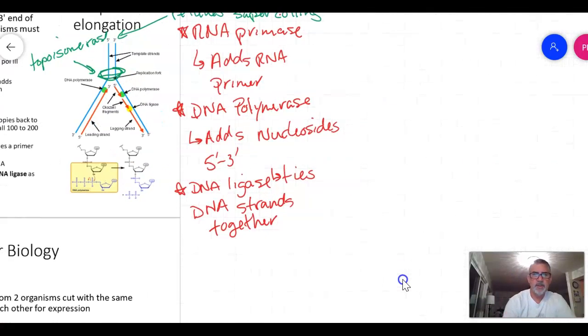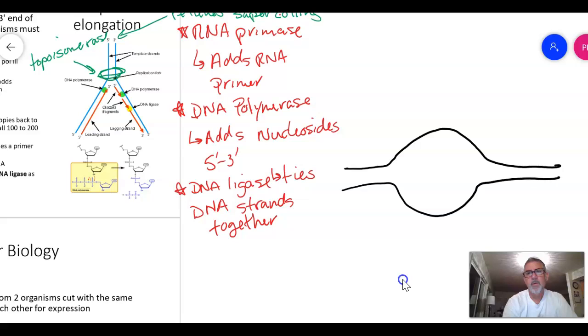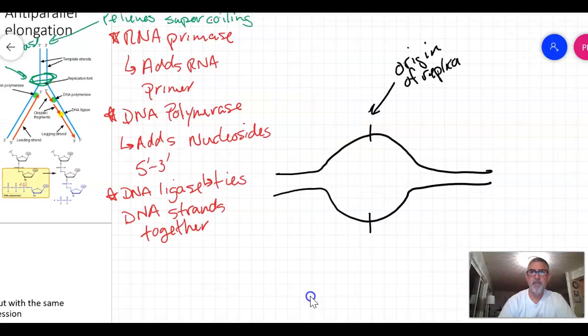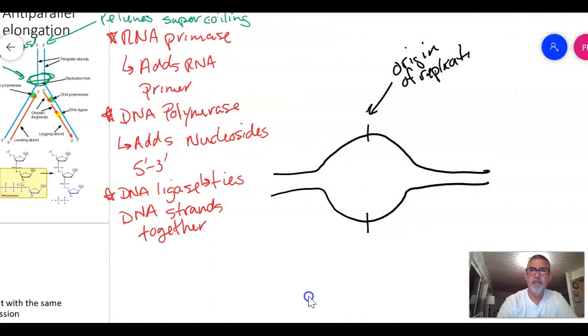If I have 2 strands of DNA, I'll have sites called the origin of replication. That's where replication starts.